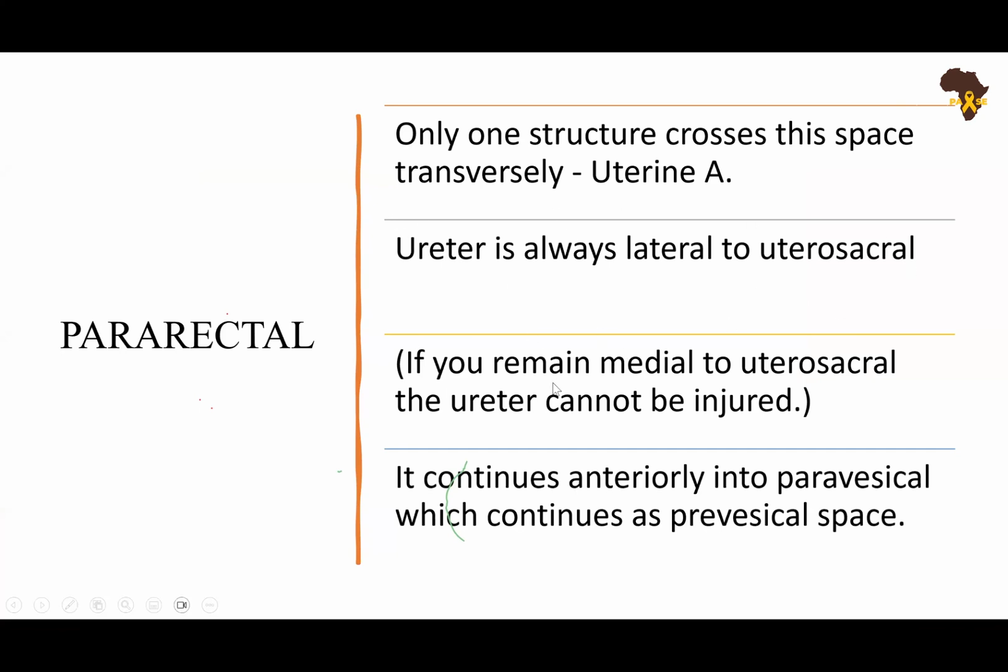That is important. Therefore, if you stay medial to the uterosacral, the ureter cannot be injured. This space continues anteriorly into the paravesical space beyond the uterine artery, and which continues further as the prevesical in front. So this is how this space is divided.